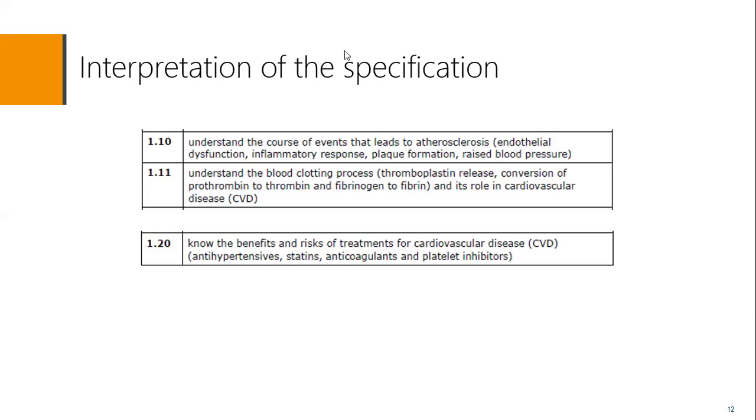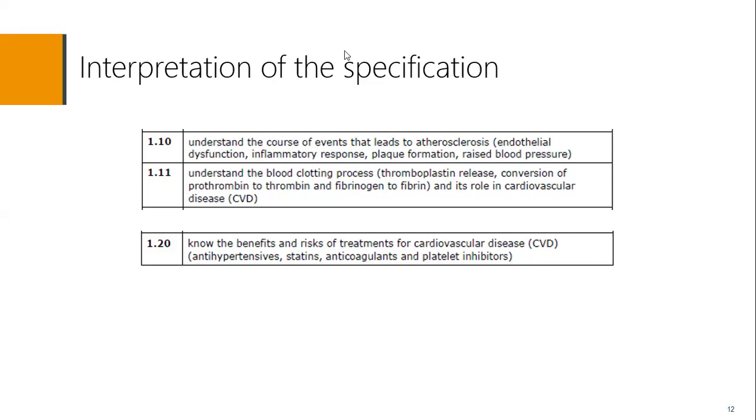I'm getting questions about the IAS and IA2. The way it's constructed, it doesn't have to be done in this way, but you would expect students to teach units 1 and 2 in the first year of the course, if you're teaching it as a 2-year course, and then take the exams for those units at the end of the first year, so that you've got an IAS qualification at the end of the first year.